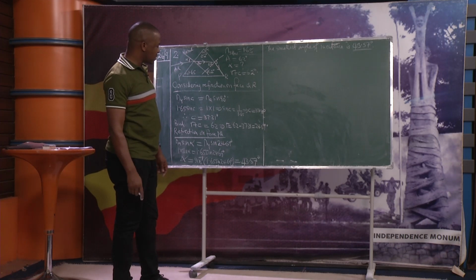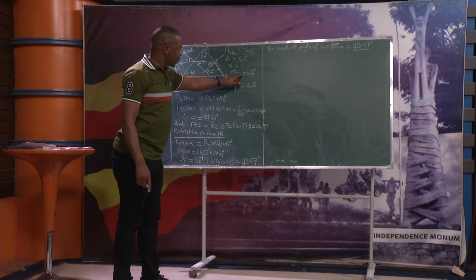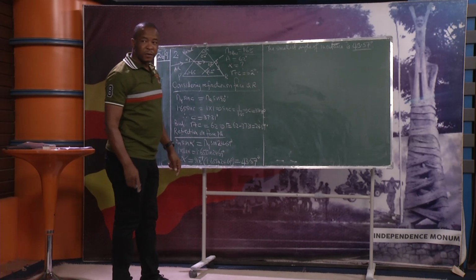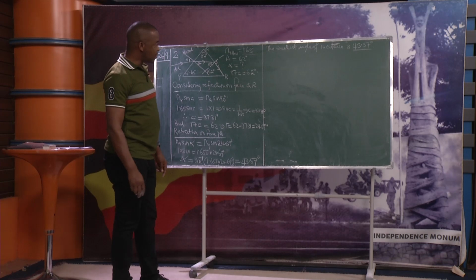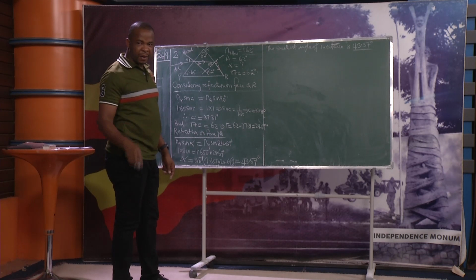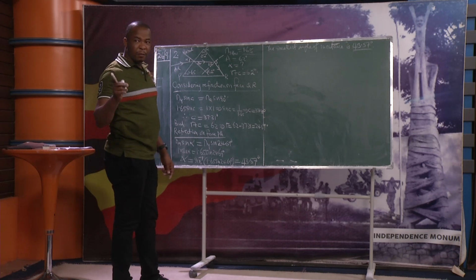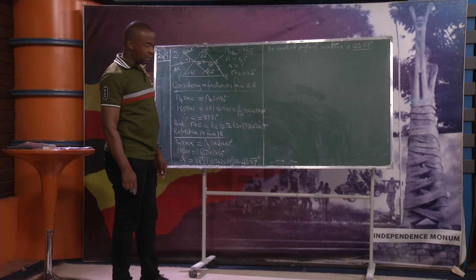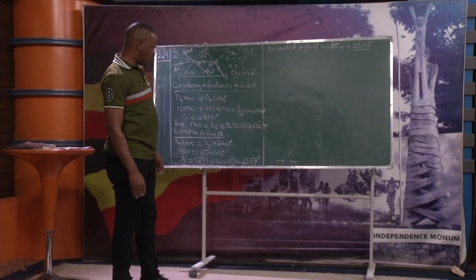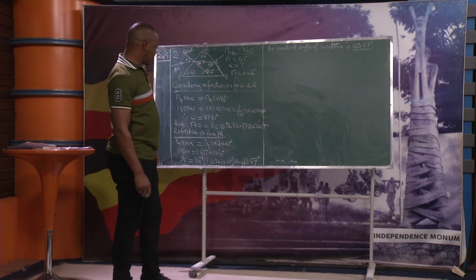I want to request you to do yourself a good service by getting more numbers there and trying them out. I'll be putting up our next question as you capture any corrections here or as you tick your answers.